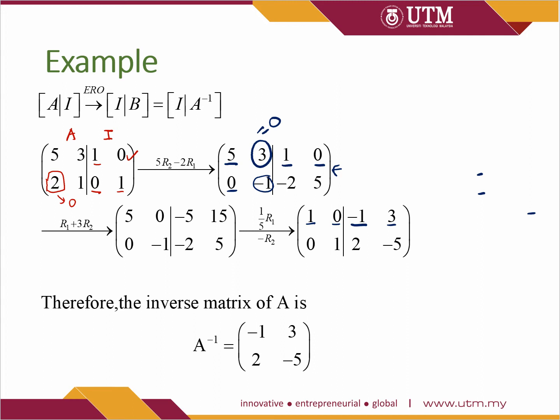And our second row must be multiplied with negative 1 so that this element will be 1. So here we have 0, 1, 2 and negative 5.